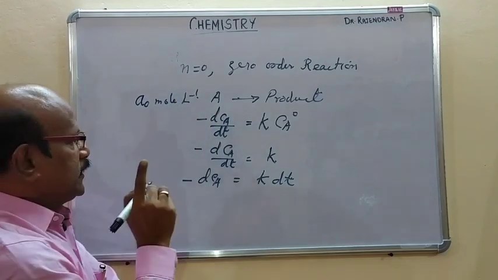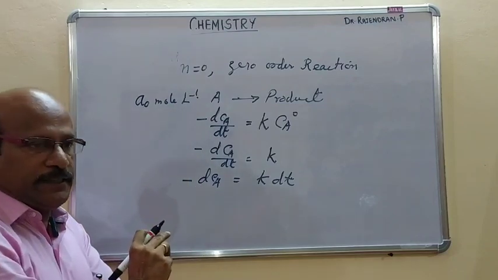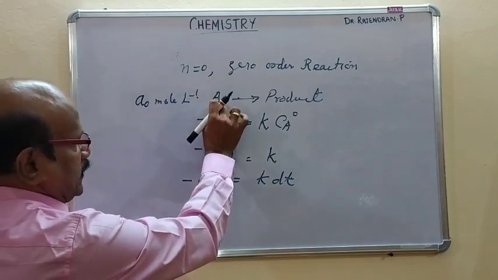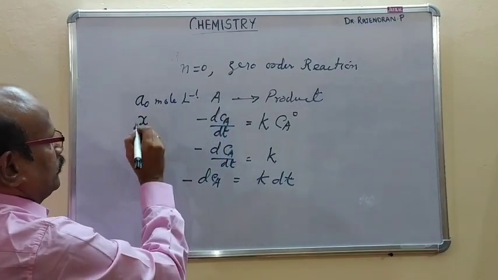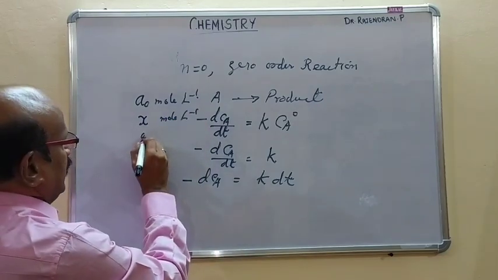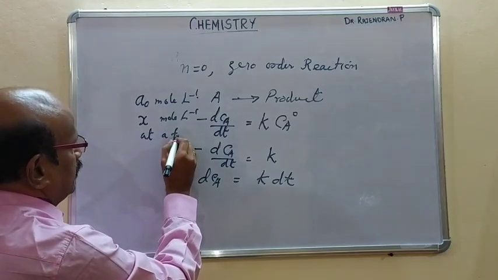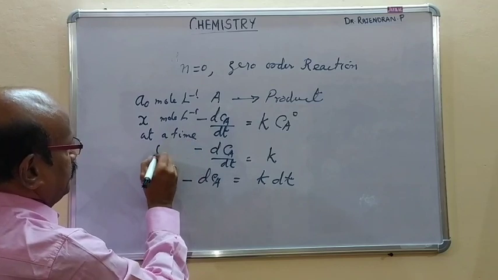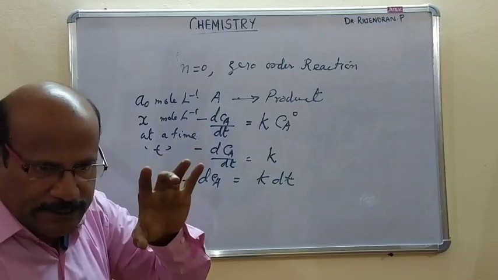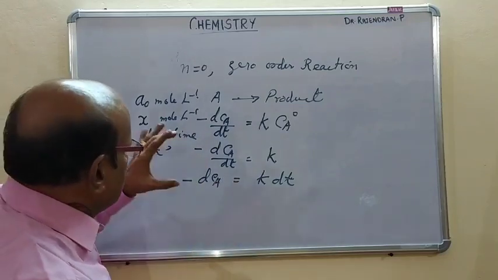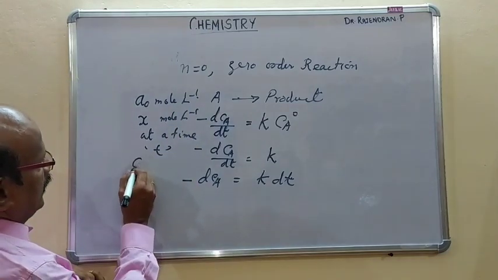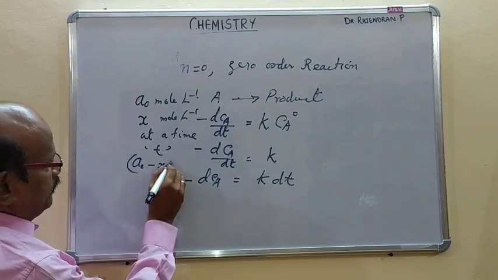We have started the reaction with A0 moles per liter of the substance A. Let x moles per liter have undergone reaction at time t. Then the concentration of the substance A remaining at time t is A0 minus x.